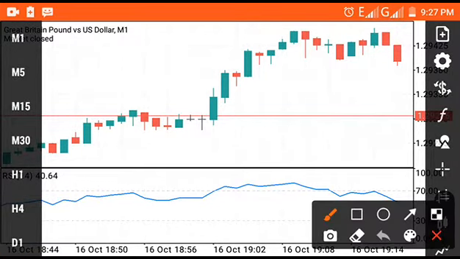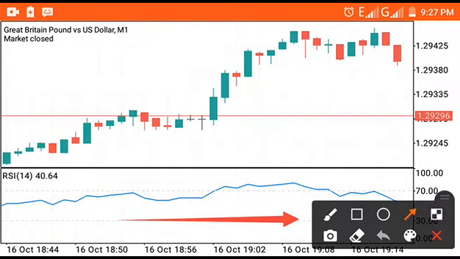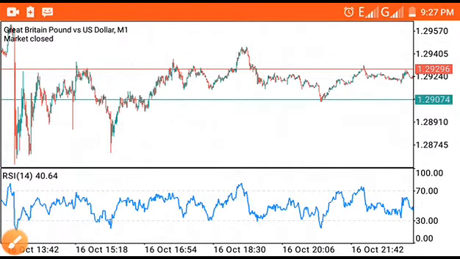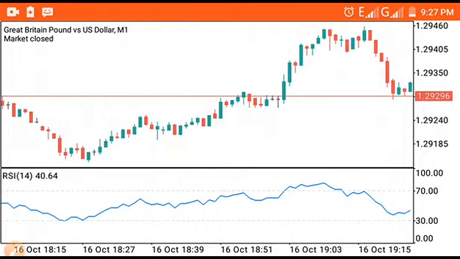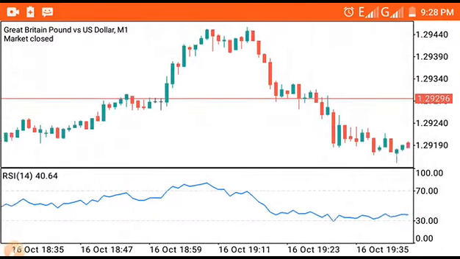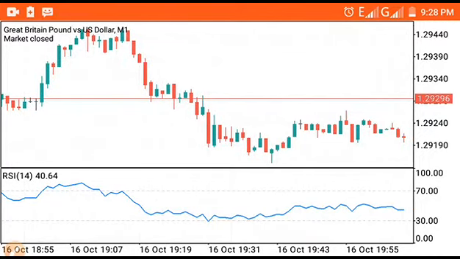The one beneath is the oversold territory. The blue line you see is kind of squeezed, moving up. In between the lines is what we call the relative strength index.